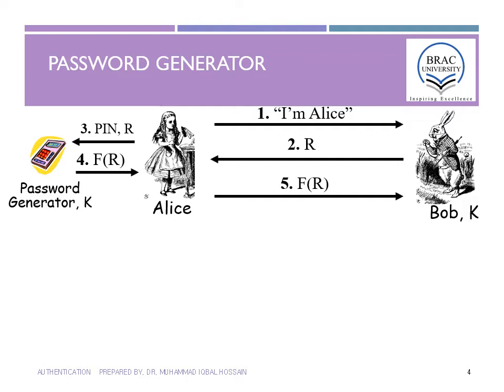Bob knows K and R, so he calculates the value by himself and compares it with the value sent by Alice. If it is the same, that means whoever sent this request has the password generator and knows the PIN also. In that way, Bob can authenticate that this is Alice.